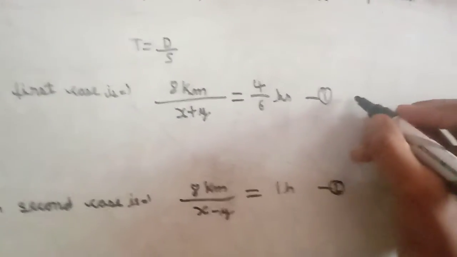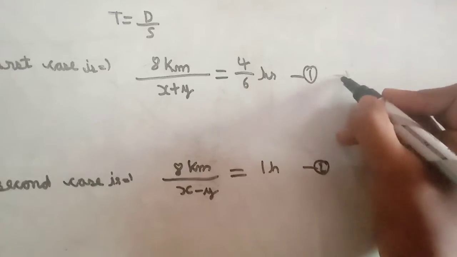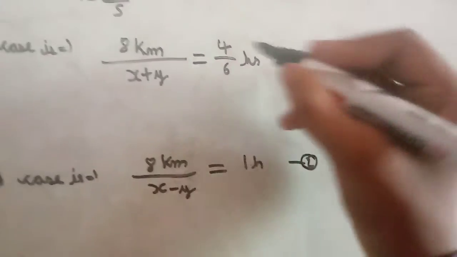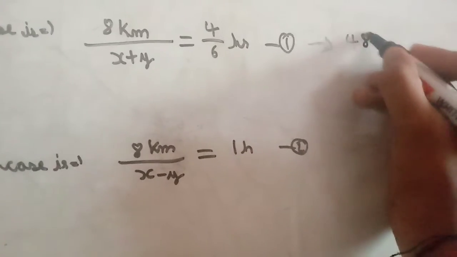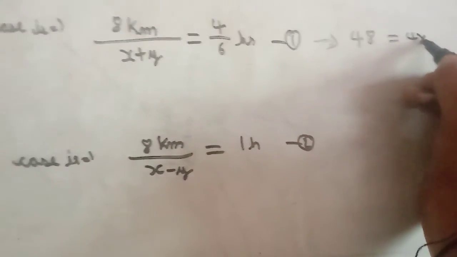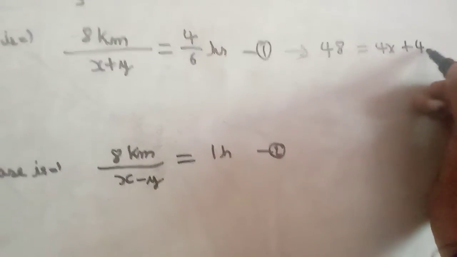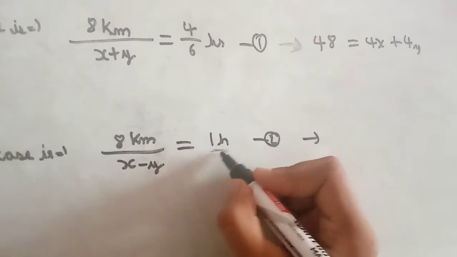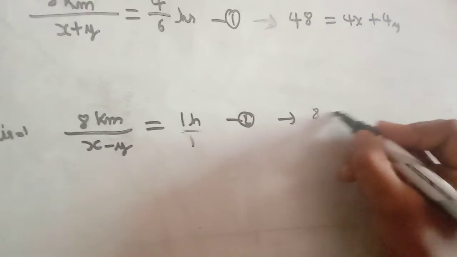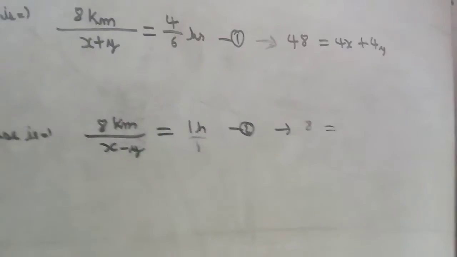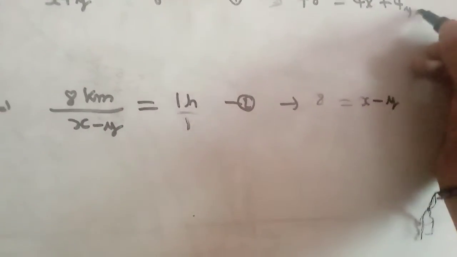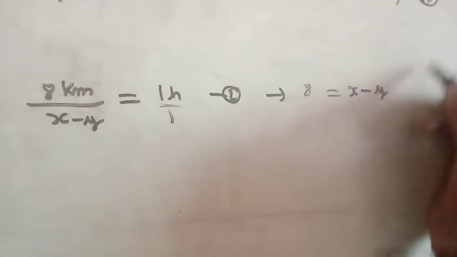So we'll form the equation in linear equation. 6 8s are 48 is equal to 4x plus 4y, and from here 1 8 is equal to 1x minus 1y. It is our equation number third, and it is our equation number fourth.